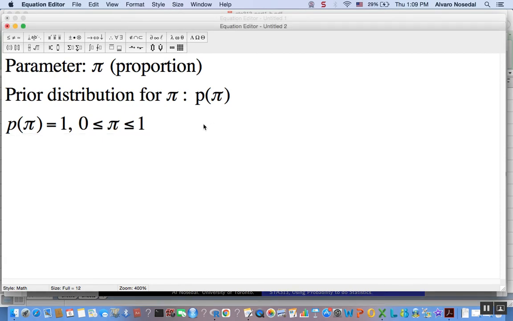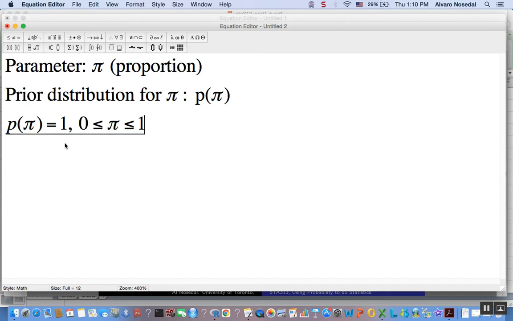So now we are considering any proportion between 0 and 1. What we're doing here is, this PDF is reflecting that we are open to any possible value and that we believe that all of them are equally probable.